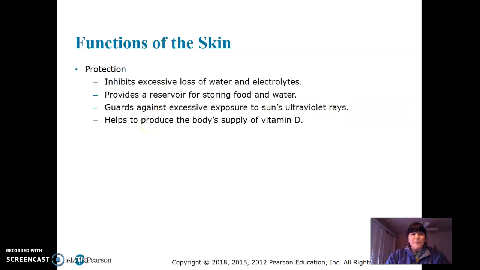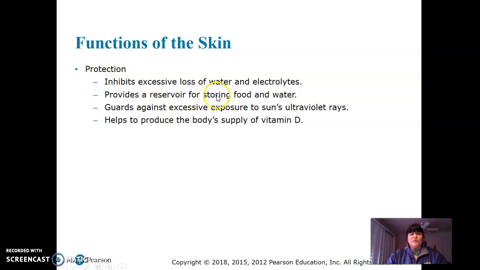Definitely protection. Inhibits excessive water loss. So if someone gets burned, one of the biggest issues first is losing water. If you've ever had a burn, rug burn, let's say, and you see the fluid coming out, well, your skin protects against losing water. So when someone gets a burn, first thing is water loss. Second thing is infection. They worry about that.